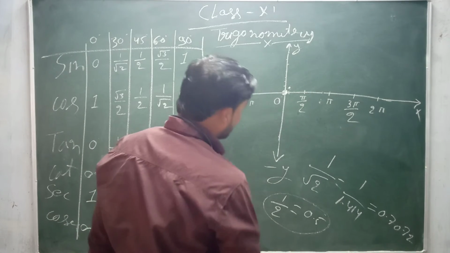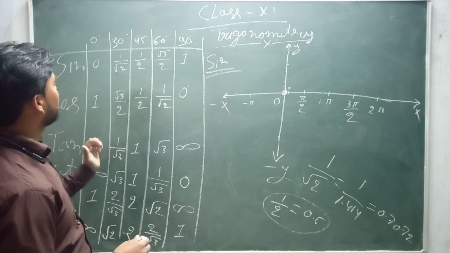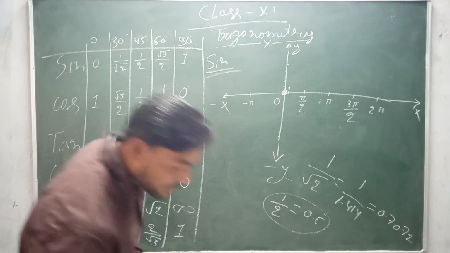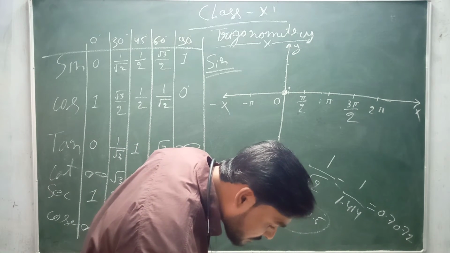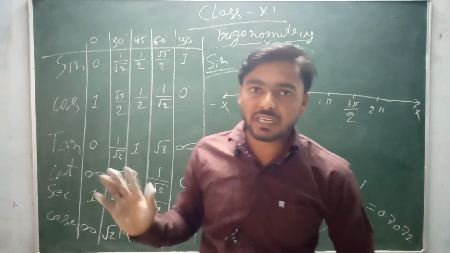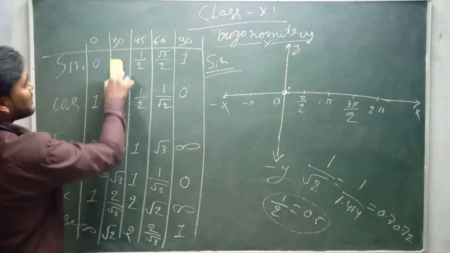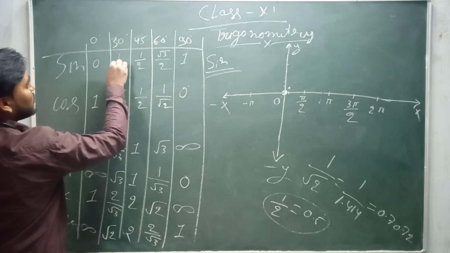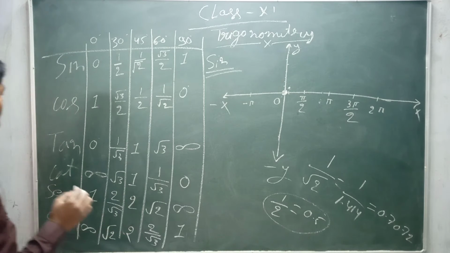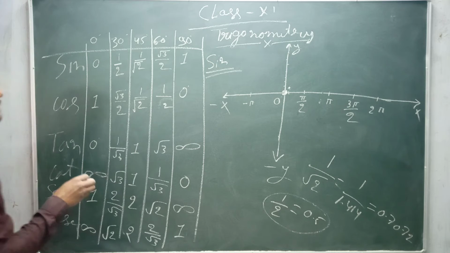Now we are going to plot it. Sorry, there is a mistake. Sin 30 is 1 by 2, and sin 45 will be 1 by root 2.